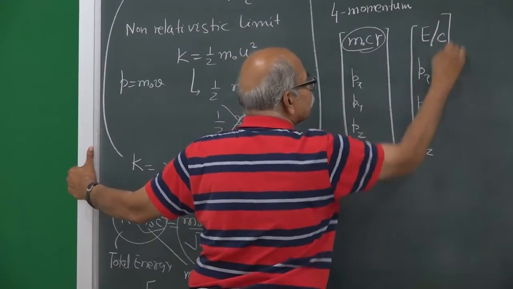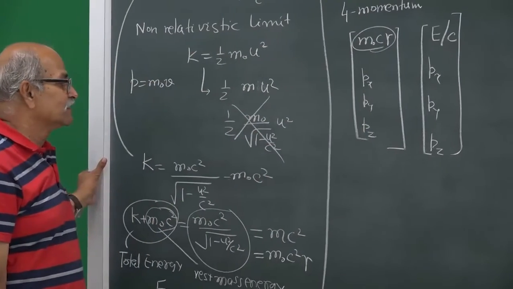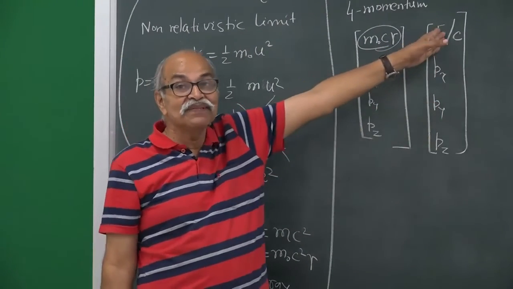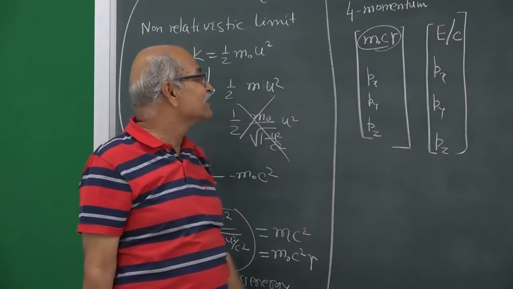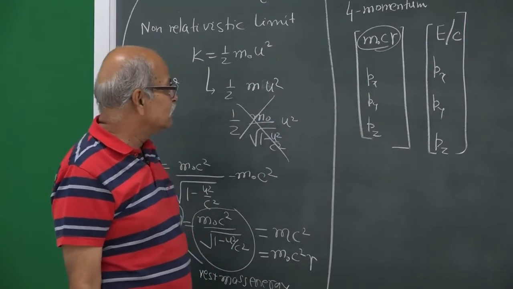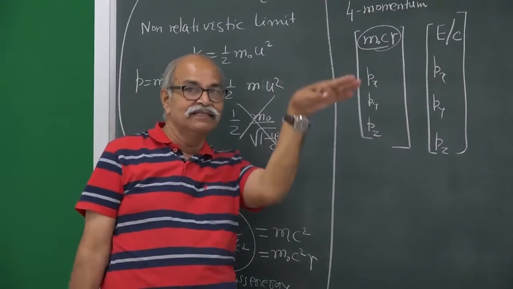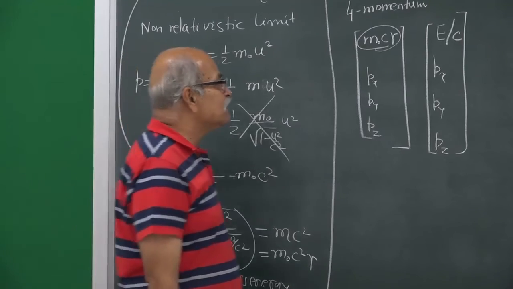That is your 4 momentum, or momentum 4 vector. So, these 3 components give you momentum and the 0th component gives you total energy, capital E by c. This is a 4 vector, it transforms like ct, x, y, z, the same Lorentz transformation, if you are changing frame.